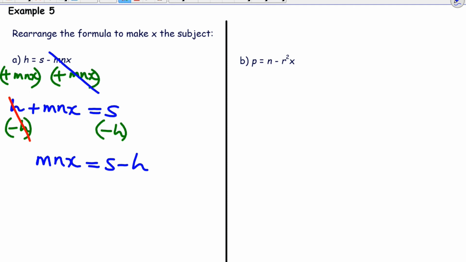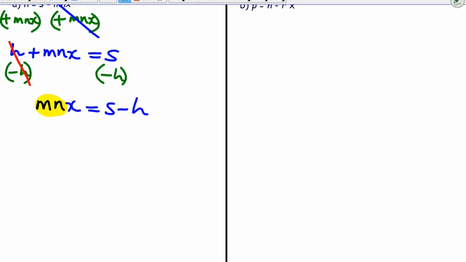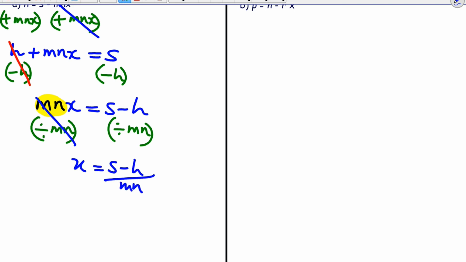And then if you pay attention to this, mn is multiplied by x, and the opposite of multiplying by mn is dividing by mn. So divide by mn, and then divide by mn. mn divided by mn is 1. So x will be s minus h over mn.